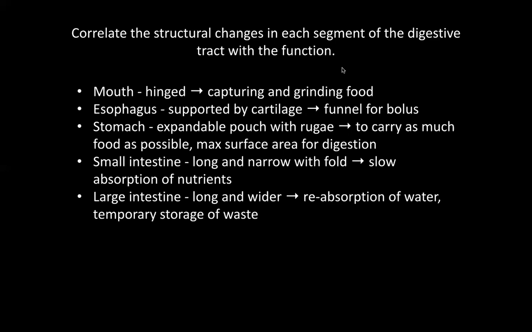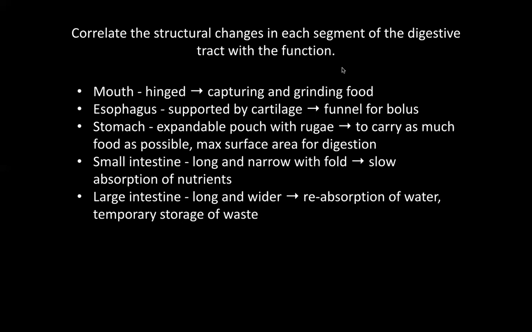The stomach is an expandable pouch with folds inside called the rugae, and this is to help it carry as much food as possible and to maximize the surface area for digestion. The small intestine is a long and narrow tube with foldings inside. This makes sure that the nutrient absorption is at a slow but efficient pace.